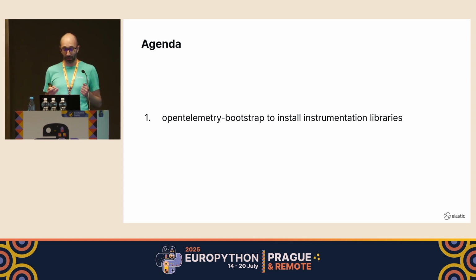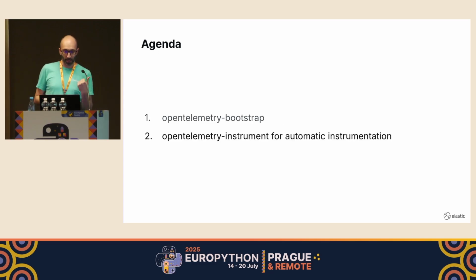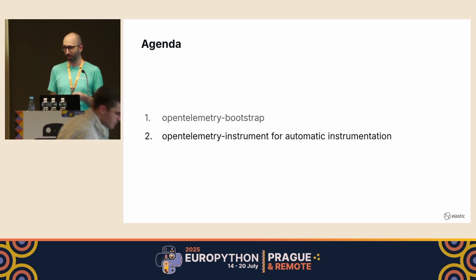And we'll see how we're able to automatically recognize and install instrumentation libraries using OpenTelemetry-bootstrap. Then we'll discover how OpenTelemetry-instrument is able to leverage the Python site module to enable automatic instrumentation of your applications.